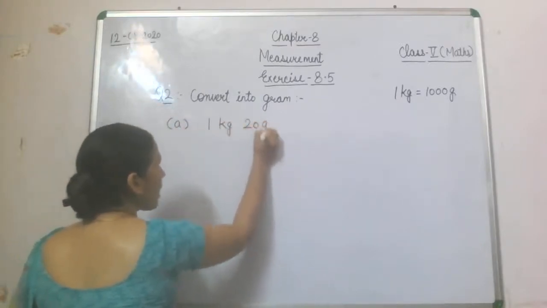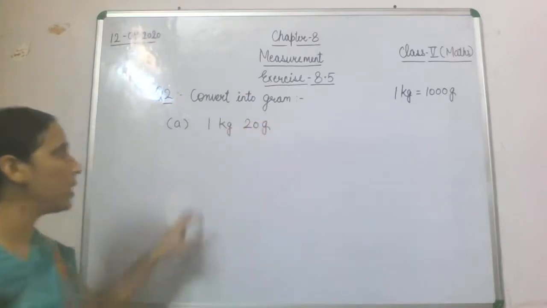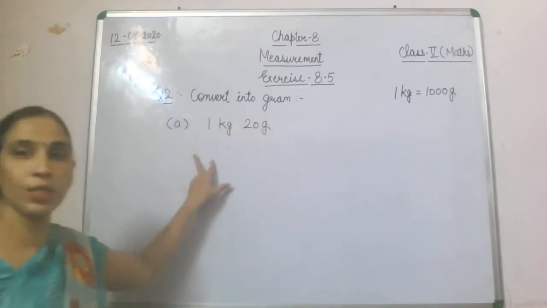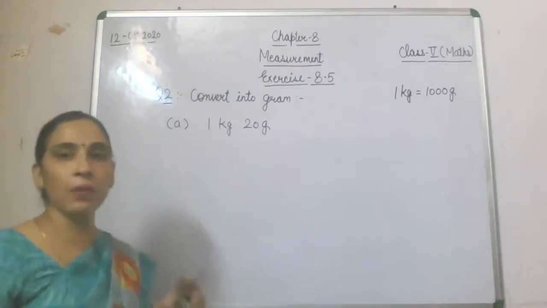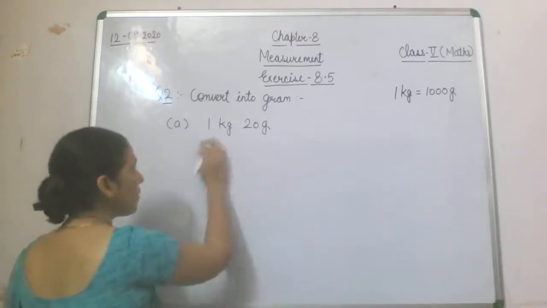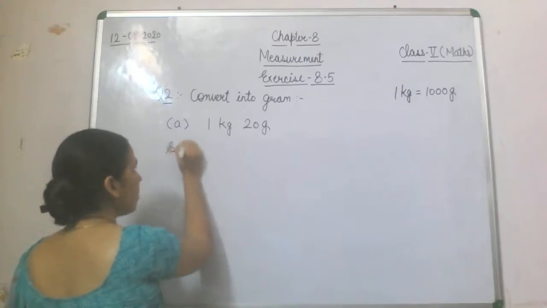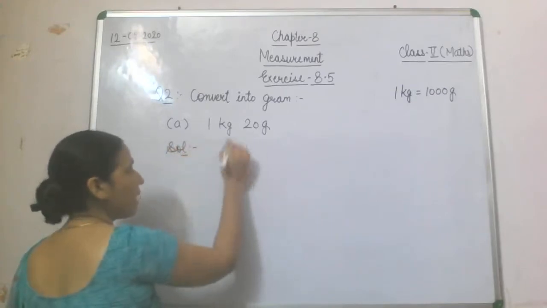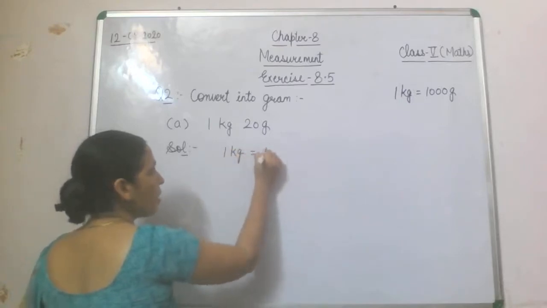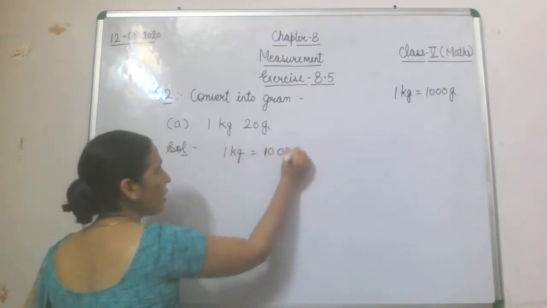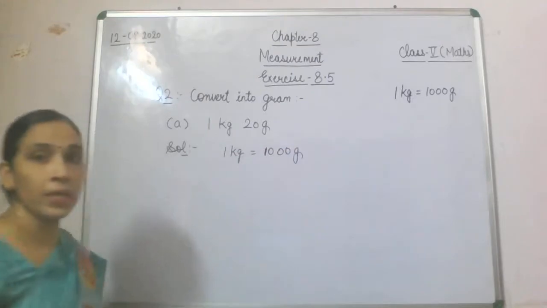I am going to start with the same question. Now here you are supposed to change it into gram. So the part which is already in gram, that we will not convert. It means the part which is in kg, that only we will convert, and then we will add this 20 gram. Now this we all are aware, 1 kg is equal to 1000 gram.